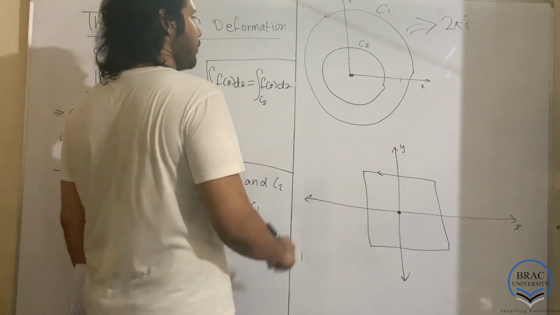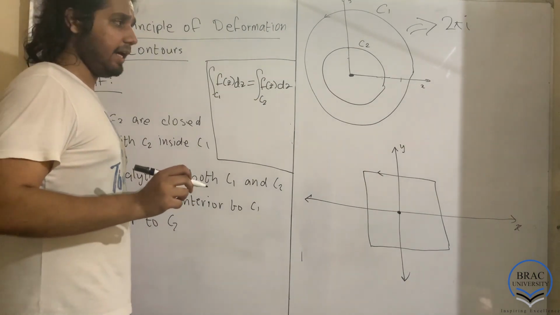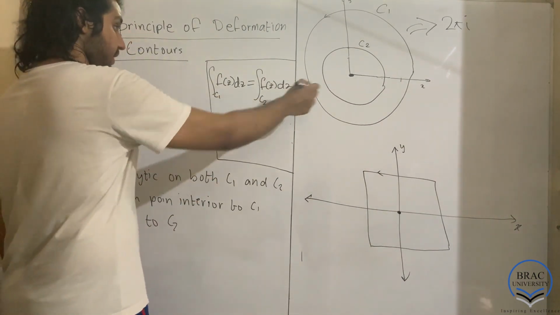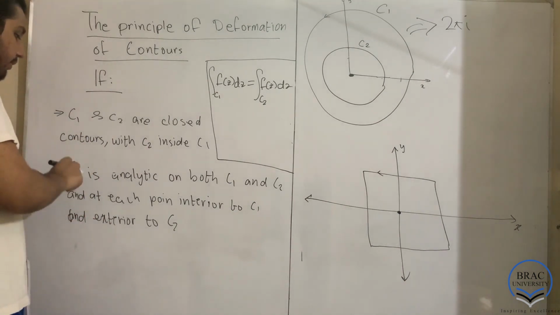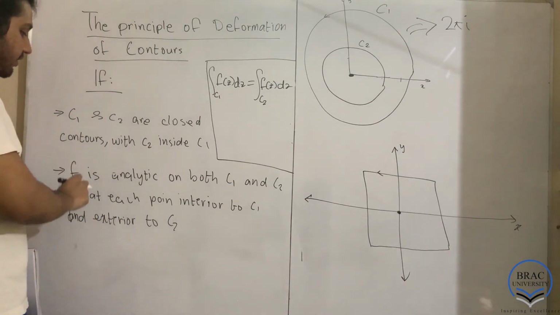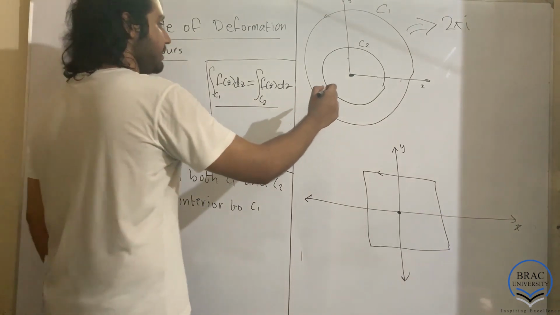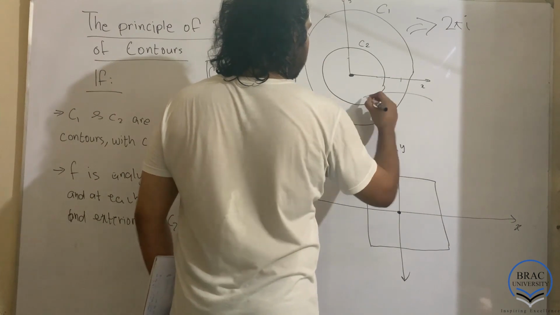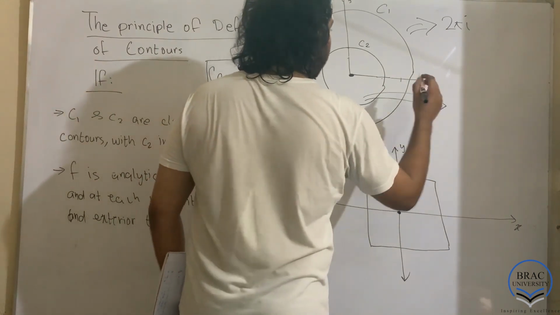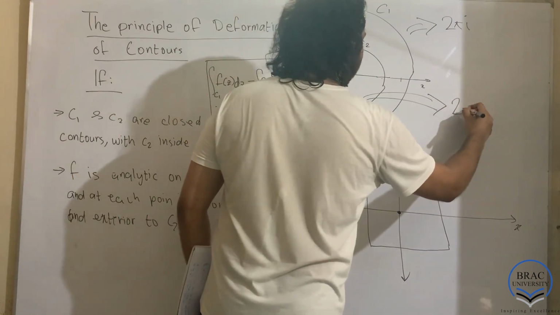Since the integral over C1, which we evaluated previously, gave us 2 pi I, and because this structure follows all the necessary conditions for this to be valid, we can state that the integral around the smaller contour C2 will also give us 2 pi I.